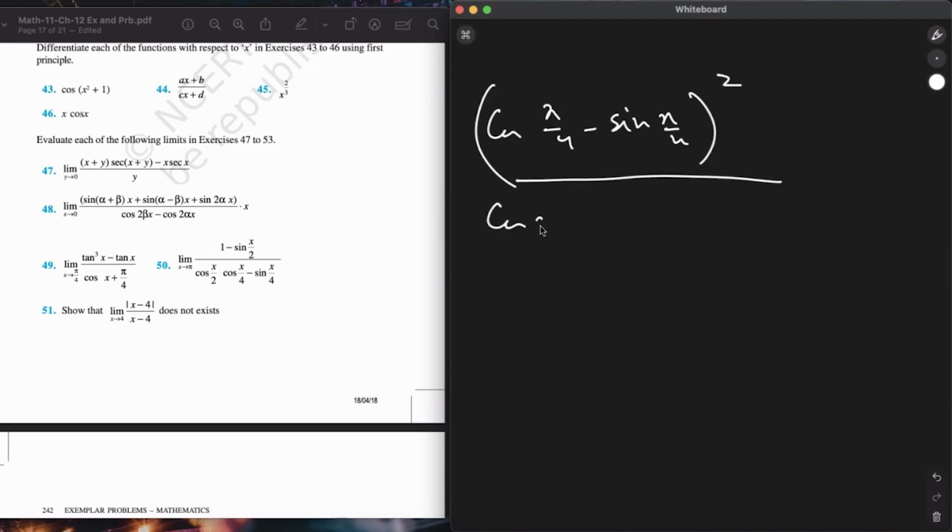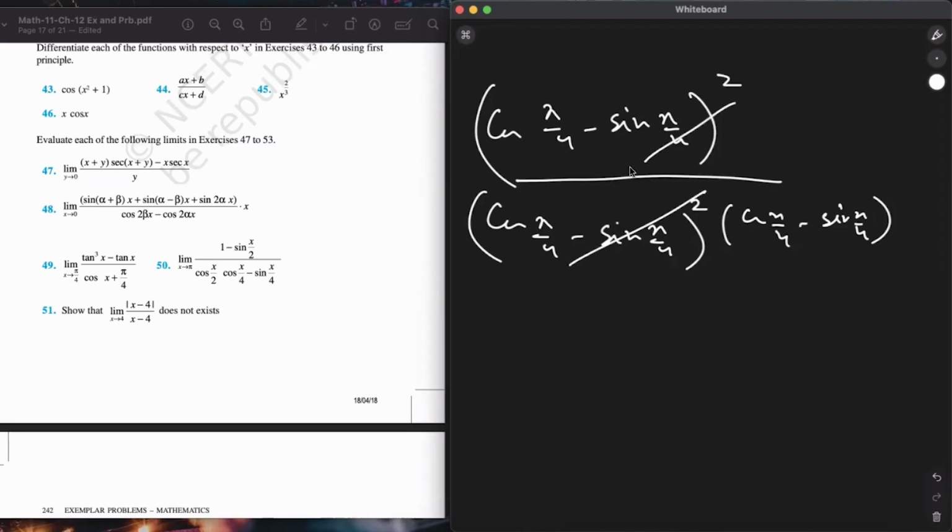Cos x by 4 minus sin x by 4. Okay, and I had a cos x by 4 minus sin x by 4 over here as well. And what was that larger term that we missed out? Sin x by 4, I can also write that as cos x by 4 minus sin x by 4. So there's a square term over here. This whole thing will get cancelled out.